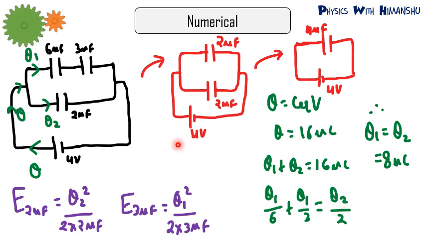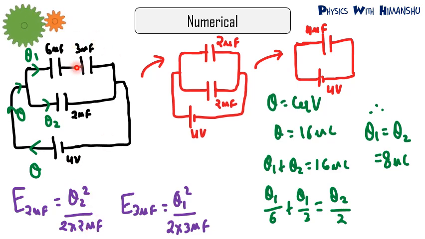Now what will be the energy stored in 2 microfarad? Suppose someone asks you, what is the energy stored in 2 microfarad? So energy in 2 microfarad is Q square by 2C. So charge we will take Q2 because the charge that will come in the energy stored formula will be the charge on the capacitor. So basically Q2 square upon 2C, and C is 2 microfarad.